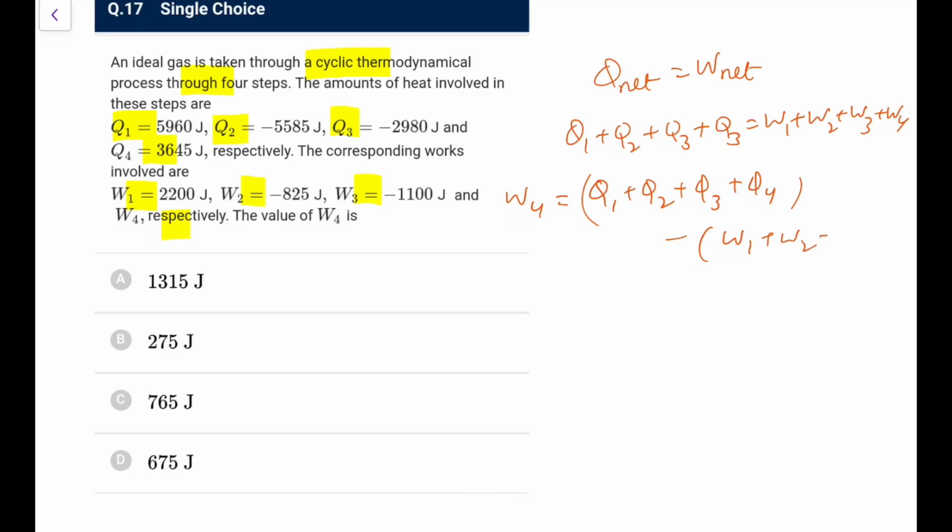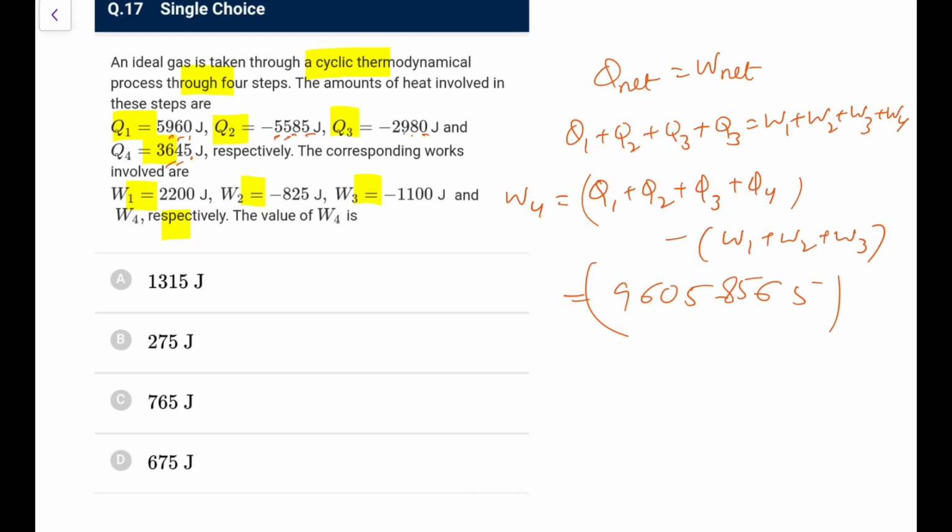So just add them up. A simple calculation.